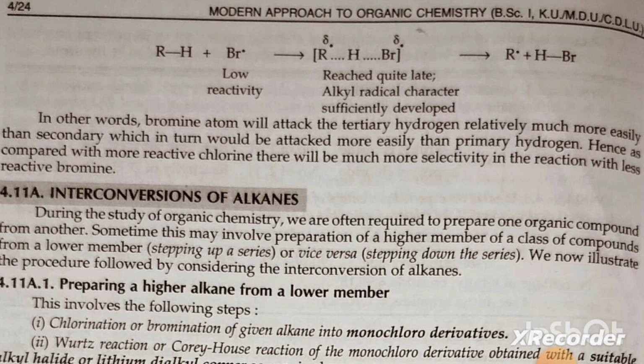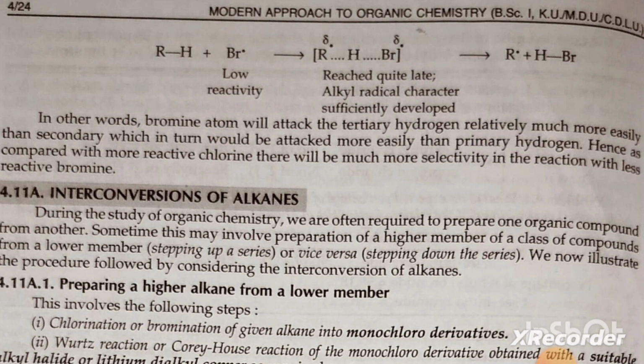RH plus Br radical, low reactivity, gives rise to R radical, dotted line H, dotted line Br radical. Reached quite late, alkyl radical character sufficiently developed, gives rise to R radical plus HBr. In other words, bromine atom will attack the tertiary hydrogen relatively much more easily than secondary, which in turn would be attacked more easily than primary hydrogen. Hence, as compared with the more reactive chlorine, there will be much more selectivity in the reaction with less reactive bromine.